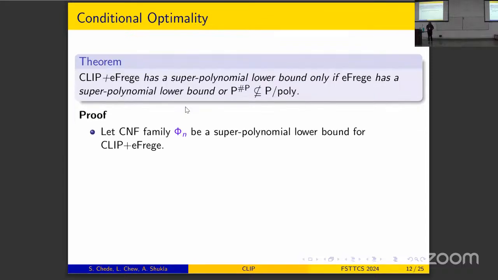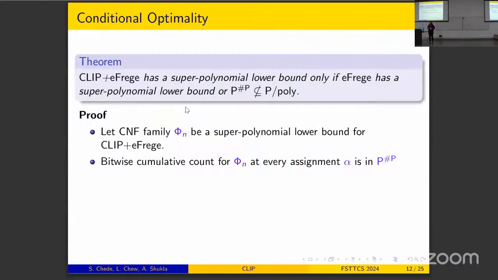Now, the proof argument is also pretty simple. Like, let's say someone found a lower bound in our system, phi n, okay? Now, if you see the cumulative function of this phi n and then consider the bitwise part of it, because it will be a functional one. So, consider bitwise of this cumulative function.